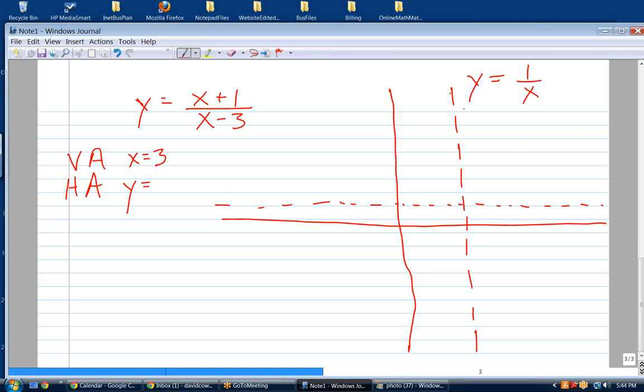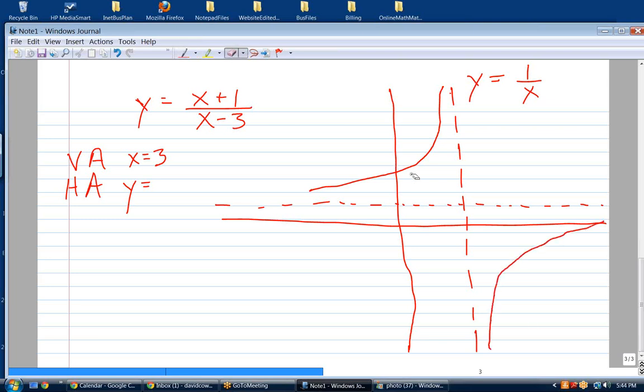And it's either going to look like this. That's one possibility, in what I call quadrants 1 and 3. The other possibility is it could be in quadrants 2 and 4.